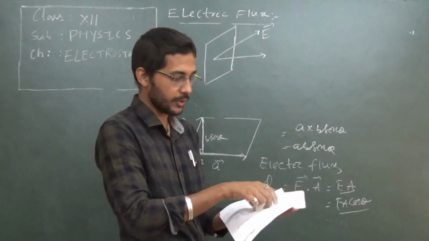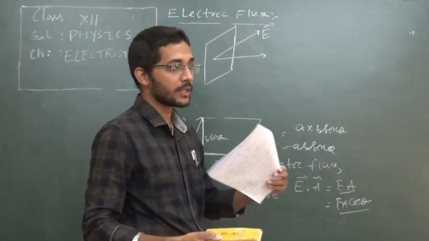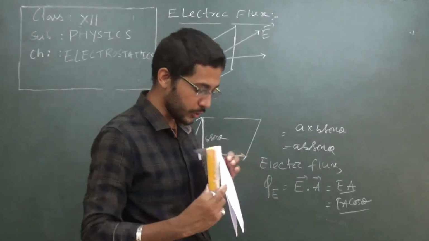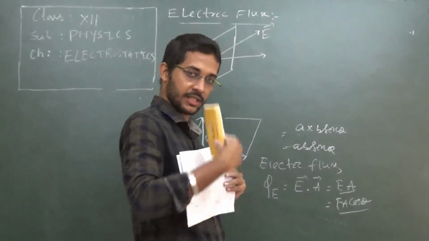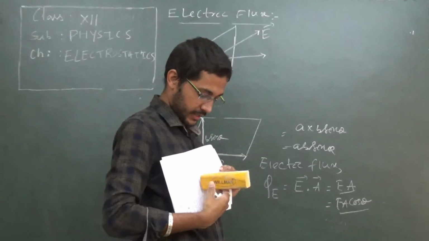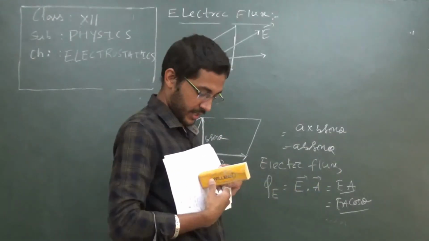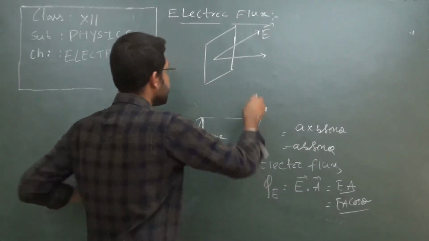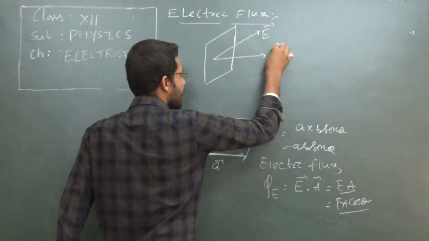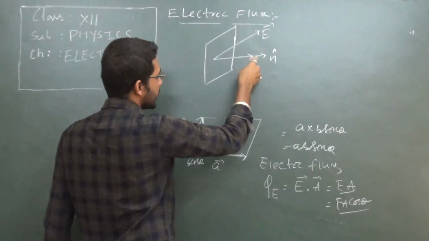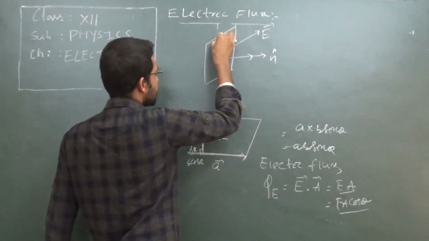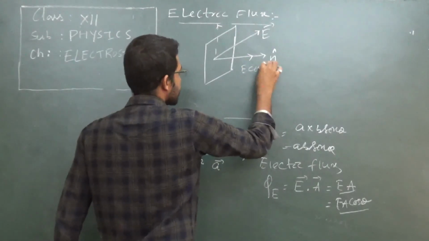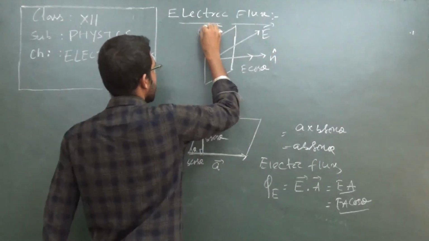It is coming out. So it depends on, with respect to the electric field, in which direction the considered area is going to face. If the electric field is coming like this and the area is facing toward that, the area vector will be represented by a perpendicular to the surface. Here the area will always be represented by n cap, because we are calculating the direction of it. So the field must have two components: one will be E cos theta, one will be E sin theta.